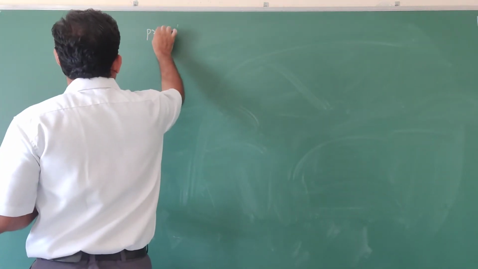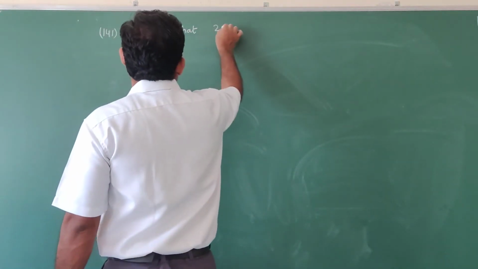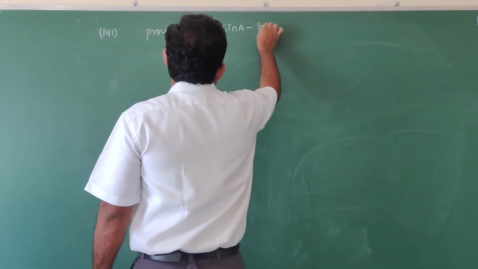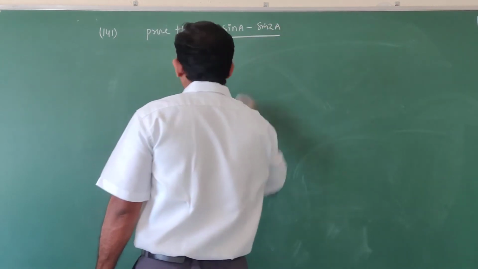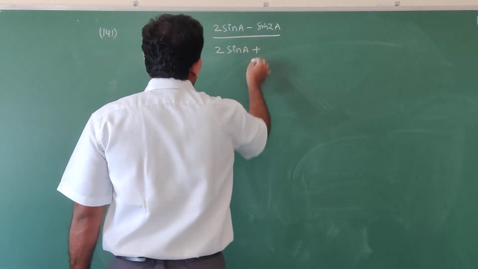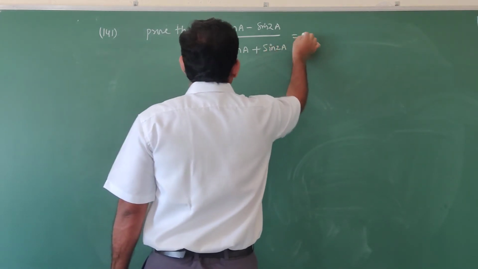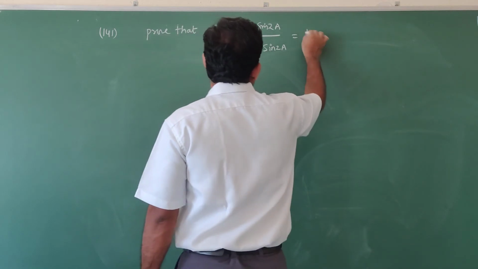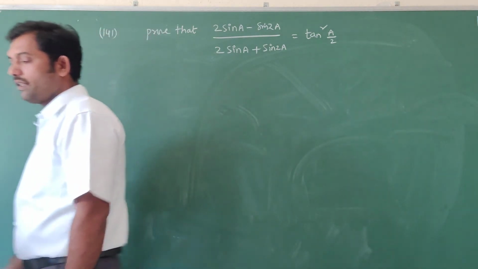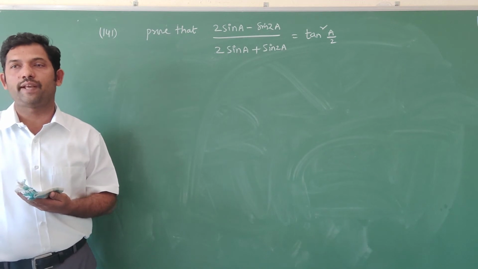Prove that 2 sin A minus sin 2A, divided by 2 sin A plus sin 2A, is equal to tan square A by 2.